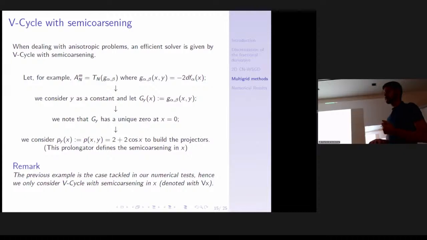The previous one was the projector for the isotropic case, but we have an anisotropic case, and the previous theorem does not hold anymore because the 0 is not unique. In the case where the symbol vanishes over a line, we consider the function as if it does not depend on a variable y. We suppose that the anisotropy is along the y variable.